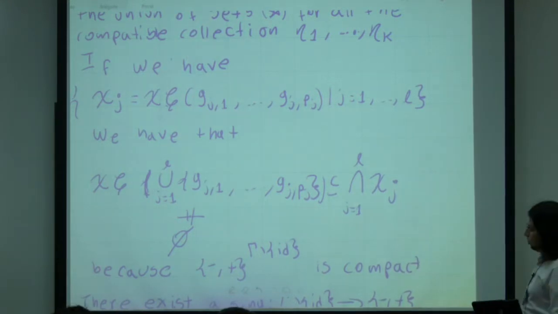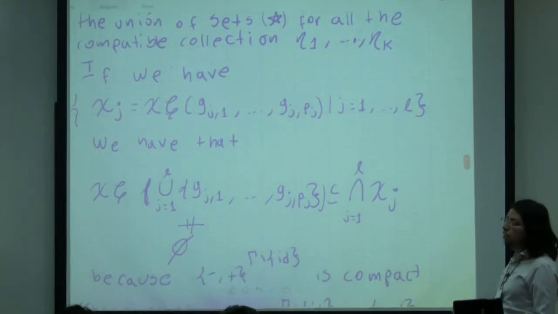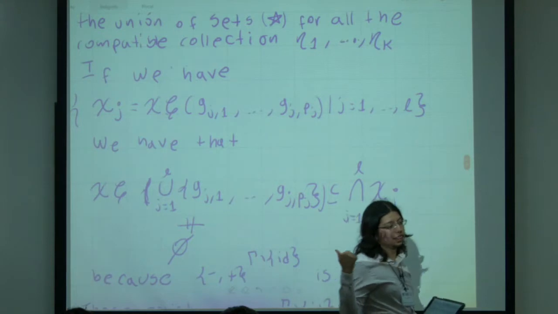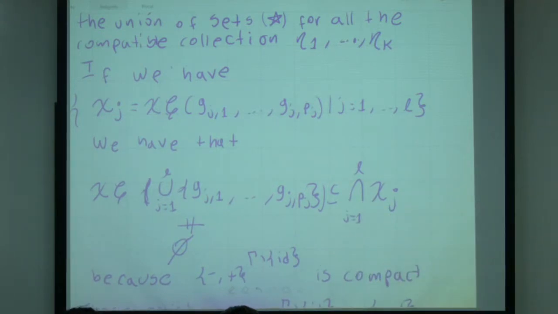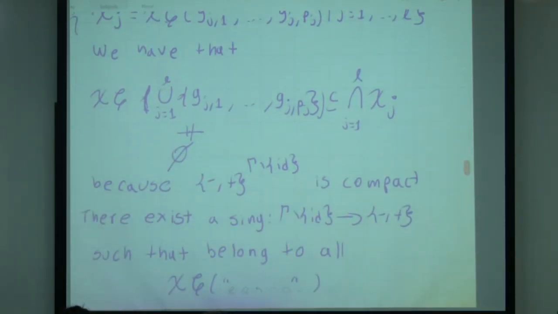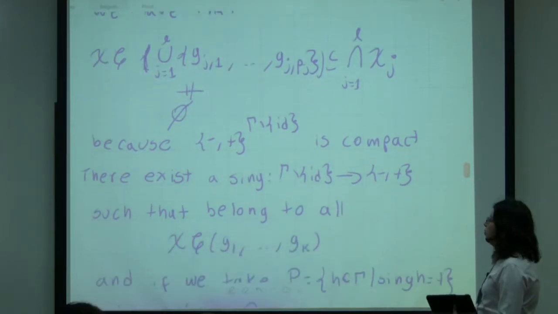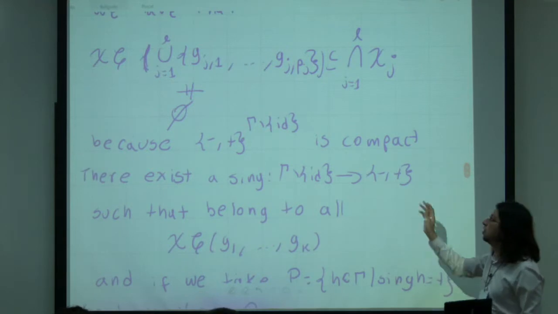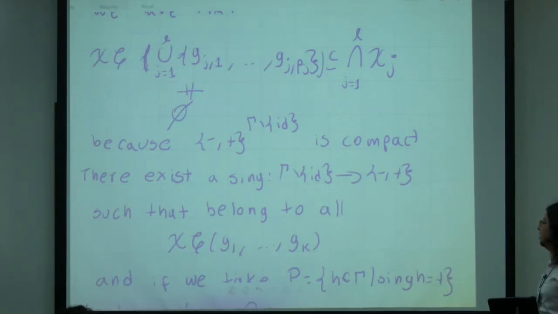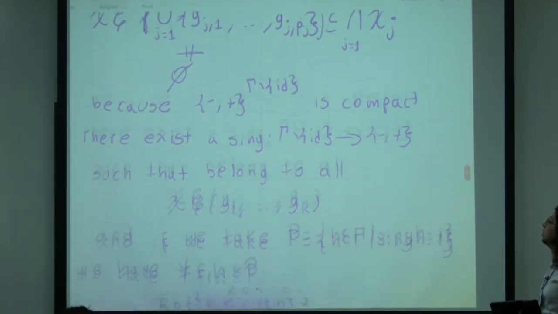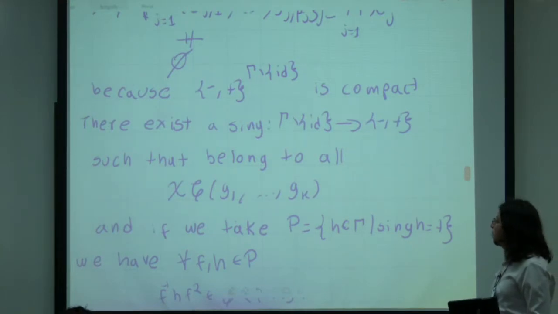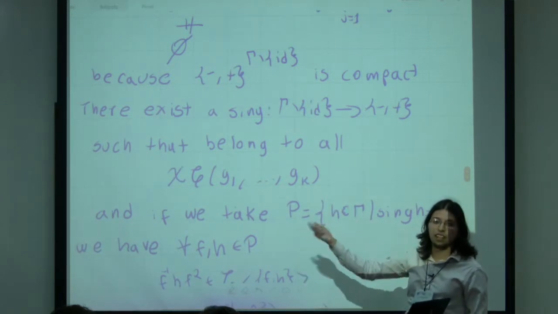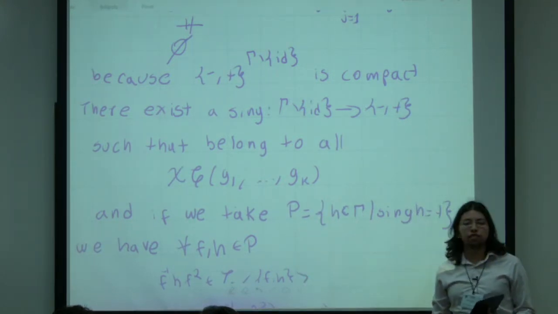So this family of closed sets has the finite intersection property, because it's in a compact set, there must be an element in the intersection of all of this. So I will take this function sign in the intersection of all of these closed sets, and the remark is that that sign defines an order that is a Conrad order.